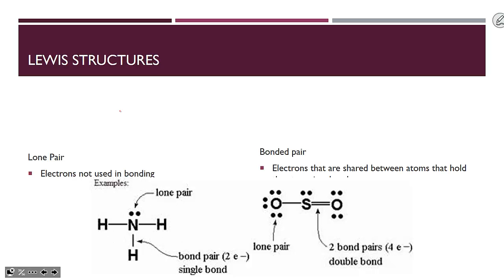Electron pairs can either be owned by a single atom, such as here, this nitrogen owns this lone pair that it alone holds, or they can be in a bond. Bonded pairs are electrons held between 2 nuclei. We will show electrons as dots or lines. A line represents 2 dots, or 2 electrons.